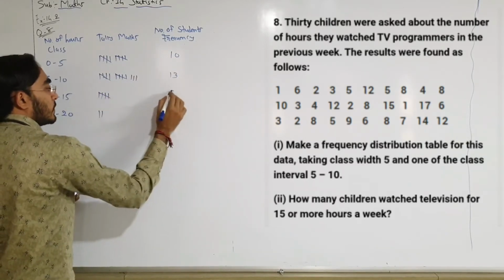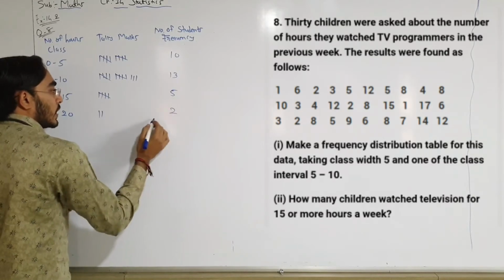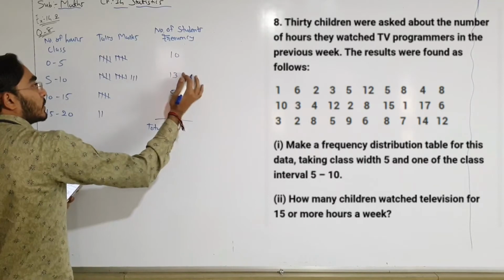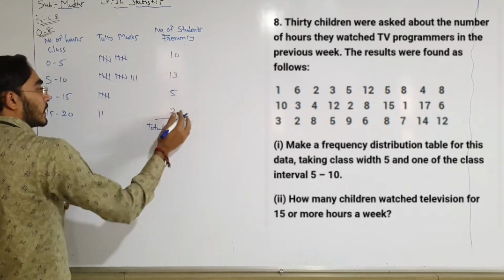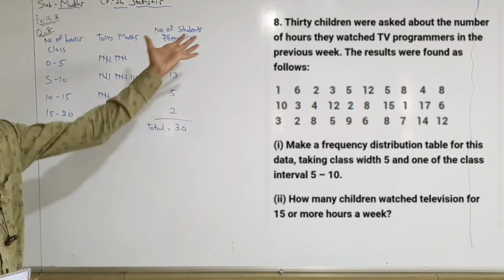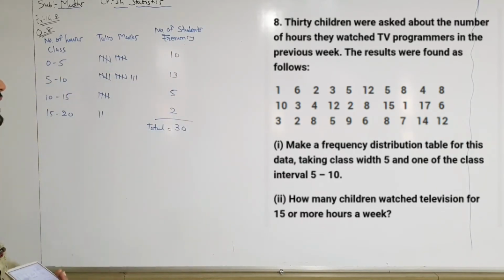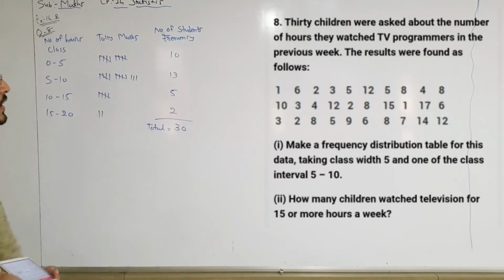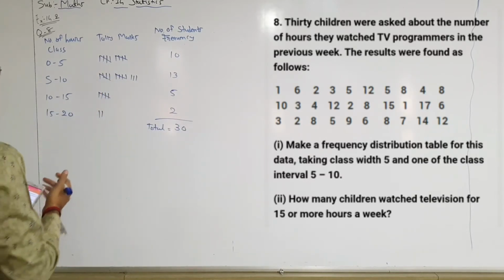Here 5 and here 2. Now find out the total: 13 plus 10 is 23, plus 5 is 28, plus 2 is 30. And it was also said that there are details of a total of 30 students, so our total should be 30, and it has come to 30. Okay, so here our frequency distribution is over.